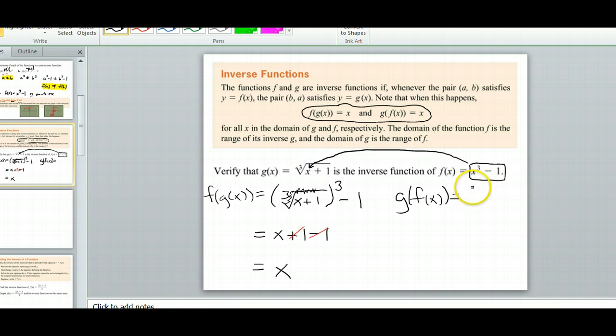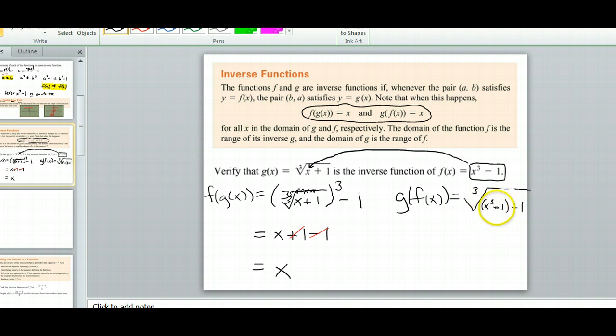Okay, so what does it do? It takes the original input, which this time is going to be x cubed minus 1. It takes that original input, it adds 1 to it, and then it takes the cube root. So make sure that cube root goes above it.